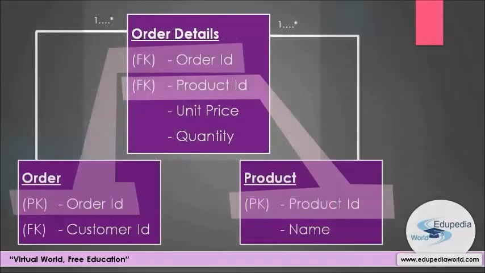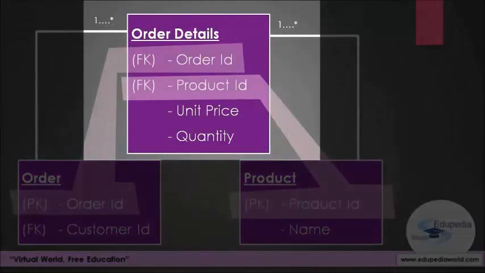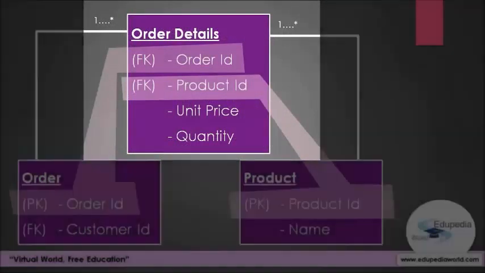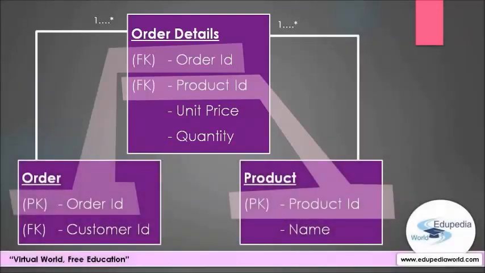So here, the order details table is our junction table. Each record in the order details table represents one line item on an order. The order details table's primary key consists of two fields, the foreign keys from the orders table and the products table. Using the order ID field alone doesn't work as the primary key for this table because one order can have many line items.